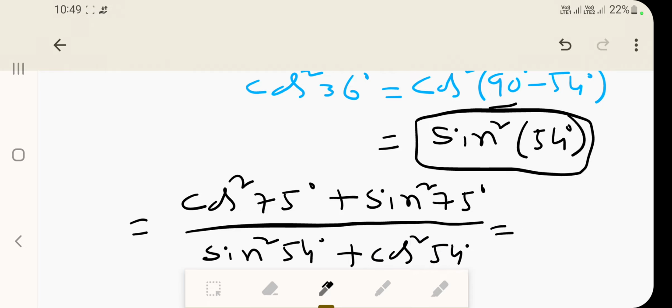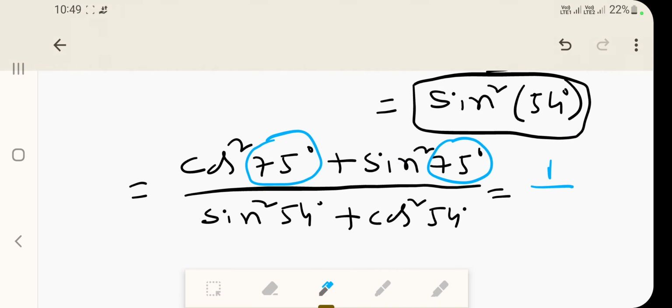As we have seen earlier in the identities, cos square theta plus sin square theta is 1. In place of theta it can be a, b, c or 75 or 30, anything. Cos square 75 plus sin square 75 is going to be 1, all divided by sin square 54 plus cos square 54, same as cos square theta plus sin square theta, it is 1. So 1 by 1 we get as 1.